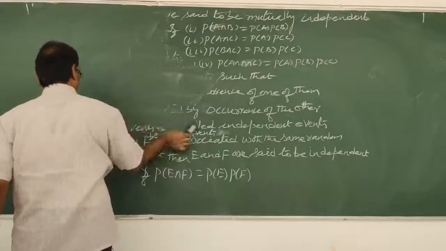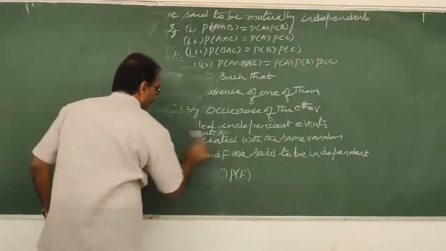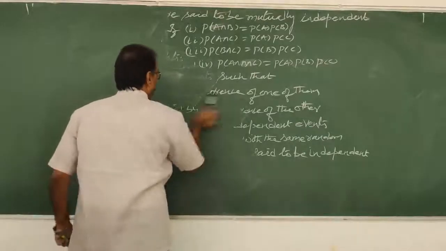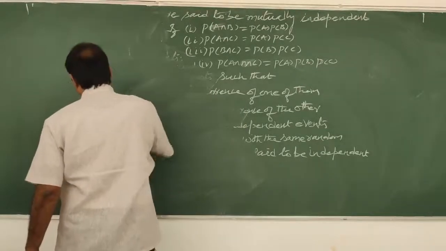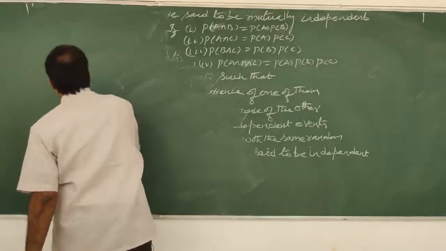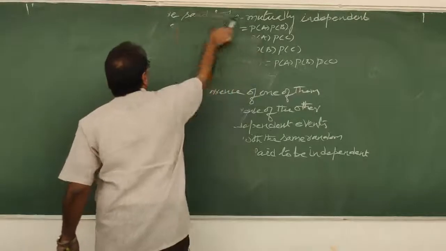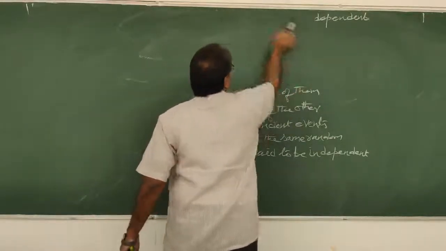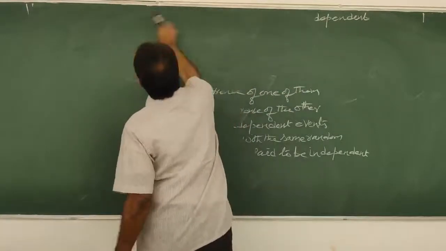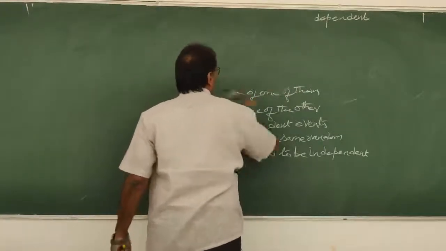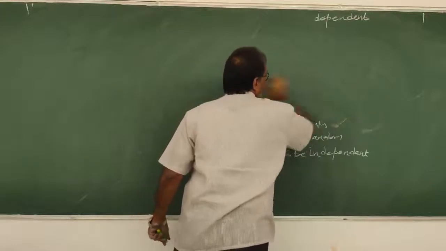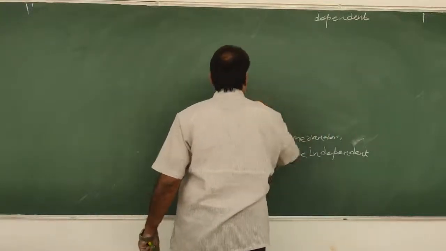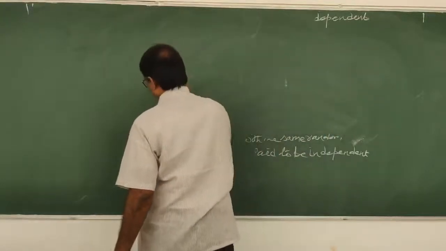So independent events means E, F are said to be independent if their intersection is equal to their product. Simple. Now E, F are mutually exclusive events means their intersection is empty.